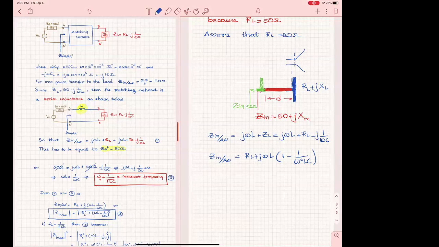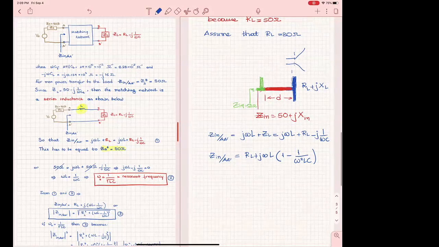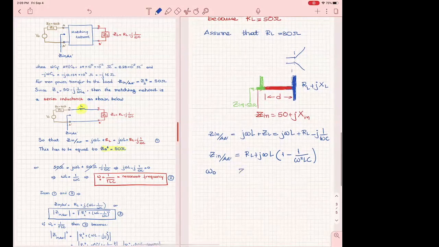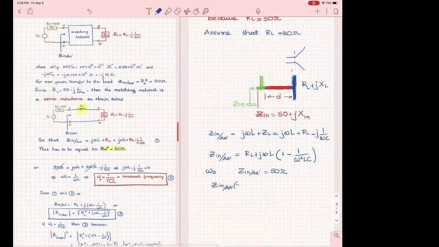Now, this is kind of interesting because it shows that if I use this L, there is only one frequency, omega naught, where my Z input at AA prime equals 50 ohms. So if I were to plot Z input as a function of frequency, it's not going to be always 50 ohms, all right? So Z in is a function of frequency. It varies, it's not 50 everywhere.